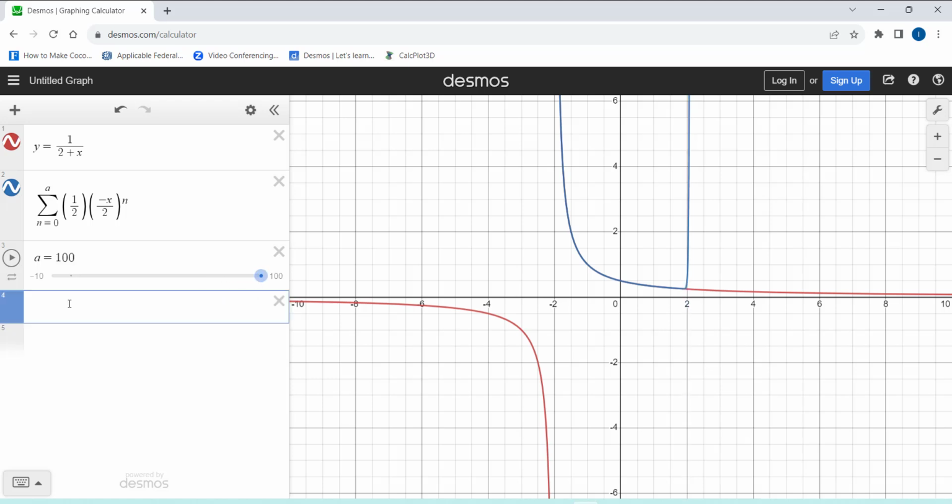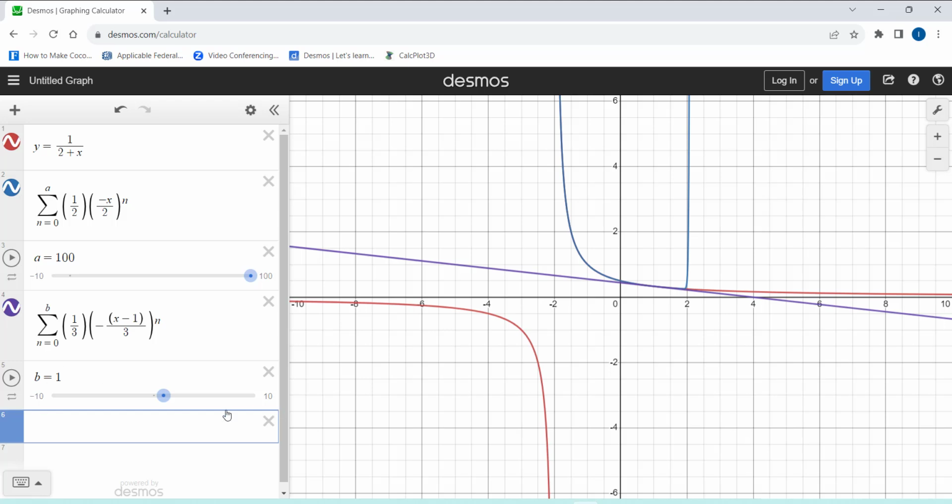Right, let's put in the other summation formula that we found when we were centered at 1. So we were looking at the sum from n equals 0 to, let's call this b to give it a different slider, and this is 1/3, and we were multiplying that by the negative of (x minus 1) over 3, raised to the nth power.